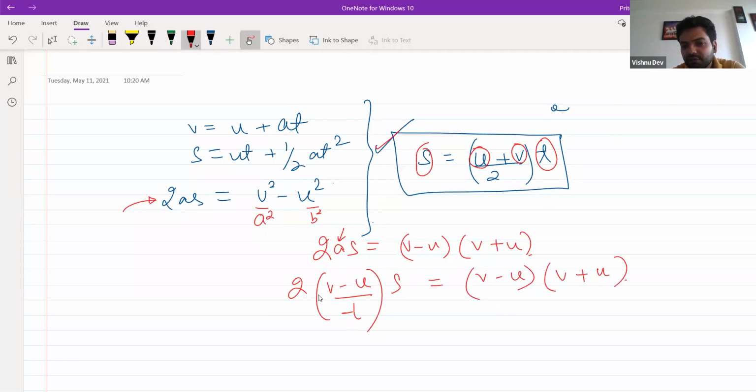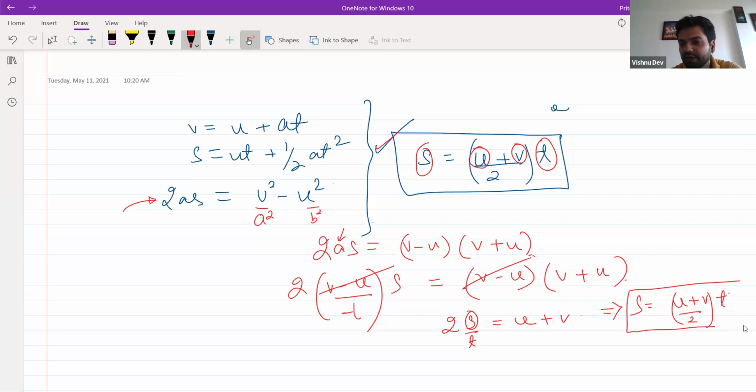So you can see (v minus u) terms are on both sides, so they cancel. We now get 2 times s by t is equal to u plus v. So from here we can see s will be (u plus v) by 2 into t.